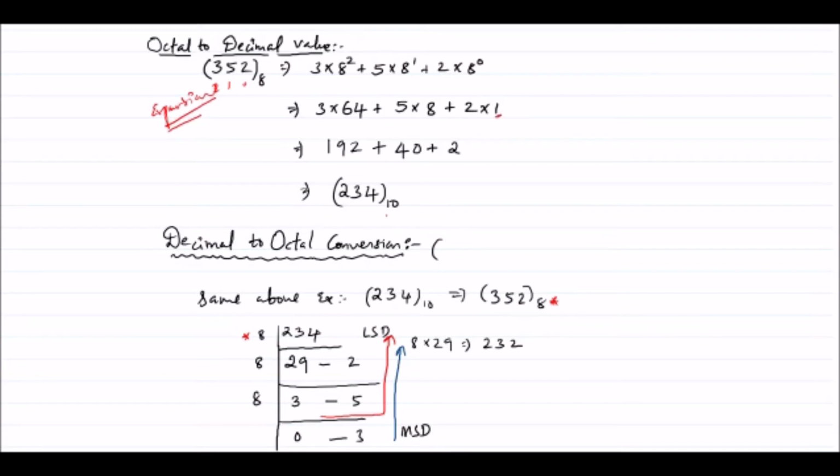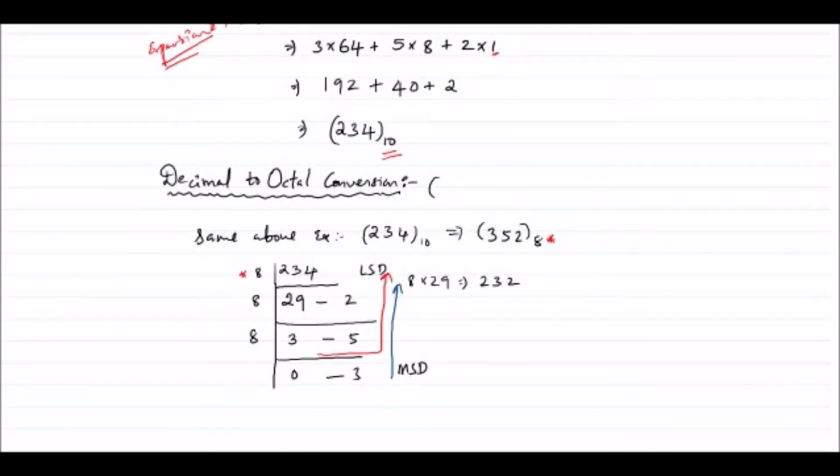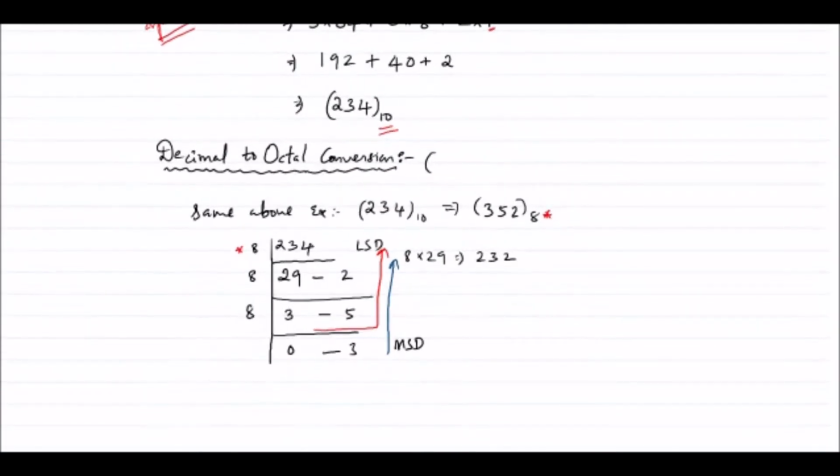So this equation gives 234, which is the decimal value. The decimal equivalent value of this octal 352 is 234.